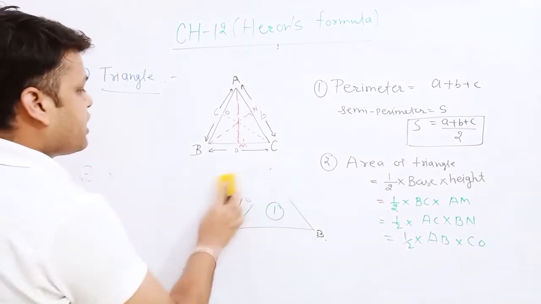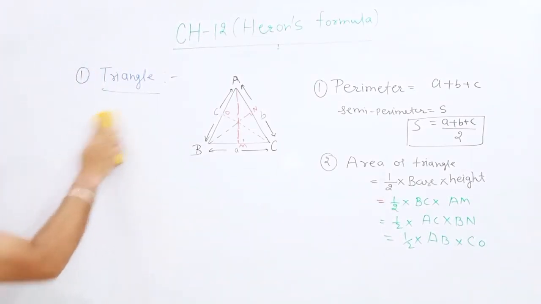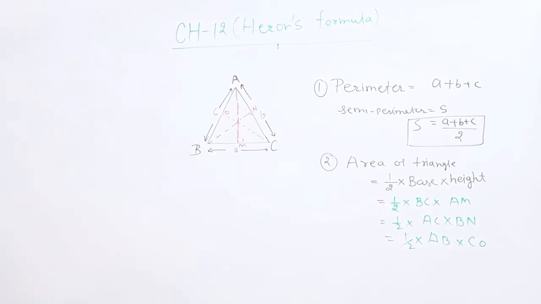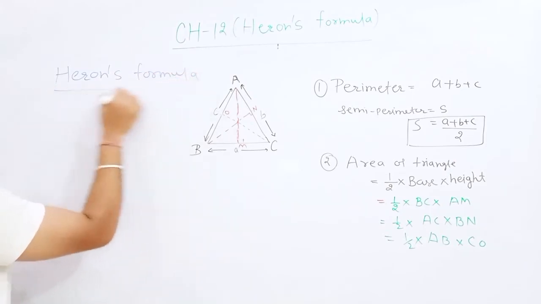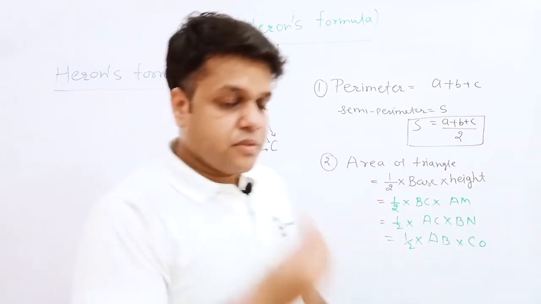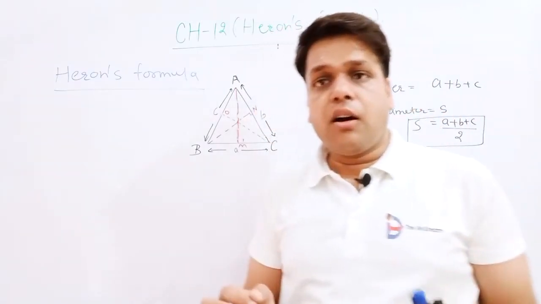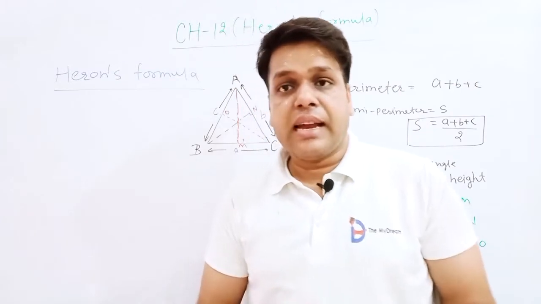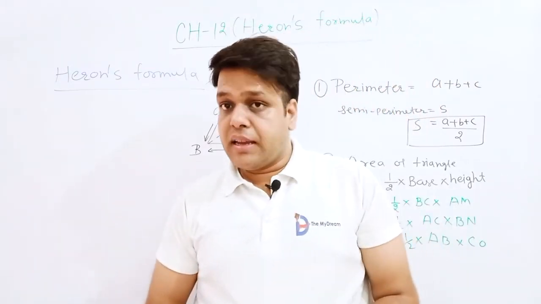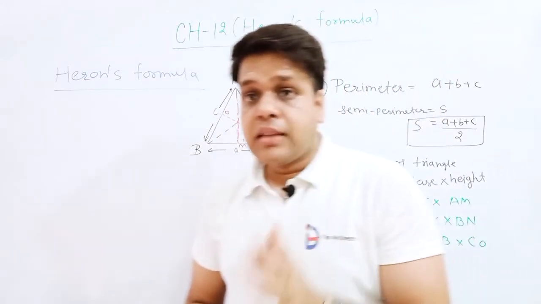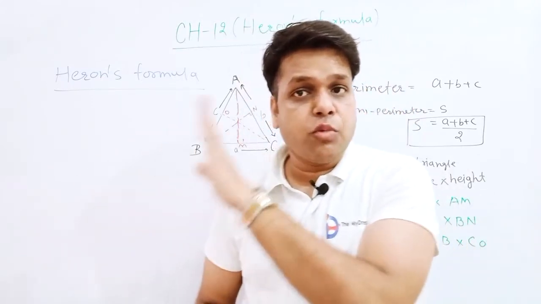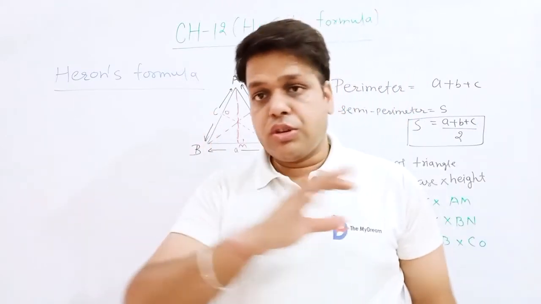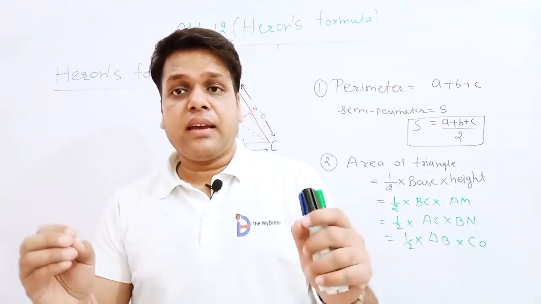So the mathematician Heron says that if sides of any triangle are given, meaning small a, small b and small c are given in the question, and you are finding the area.